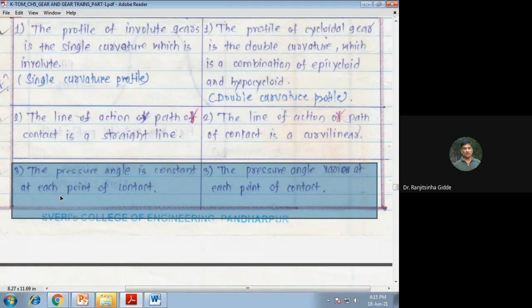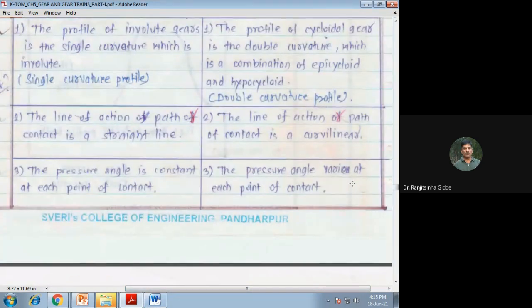And for the cycloidal, you can write the pressure angle varies at each point of contact.